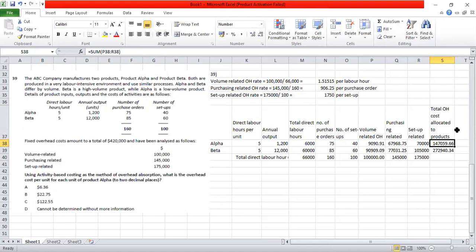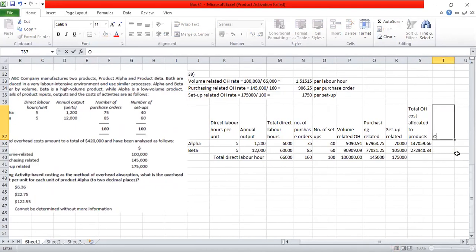Then we need to find out what is the cost per unit also, so I am writing it here in the next column. Overhead cost per unit: the overhead cost amount which is charged divided by the number of units of each of these products.